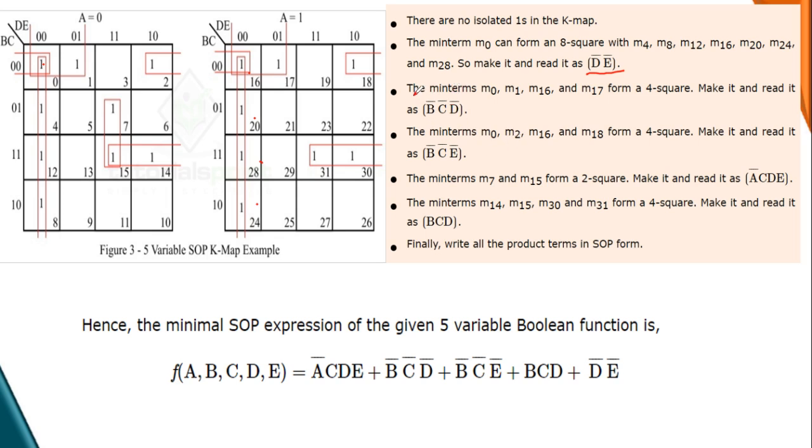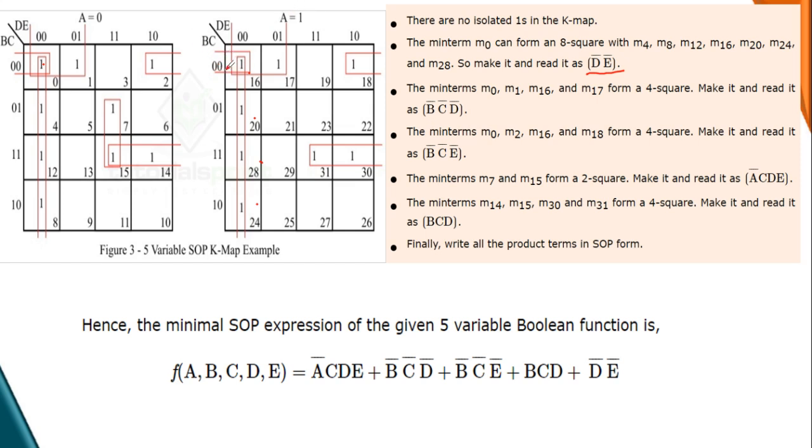Next, we also have a quad formation with M0 and M1, and in the bottom layer M16 and M17. So M0, M1, M16, M17 can form a quad, a 4-square adjacency. Now let me check for the common variables. The top layer 0, 1 has A equal to 0 and the bottom layer has A equal to 1, which are different, so they are eliminated.